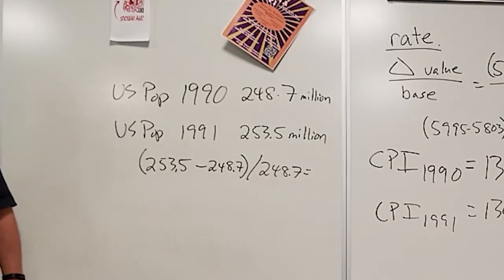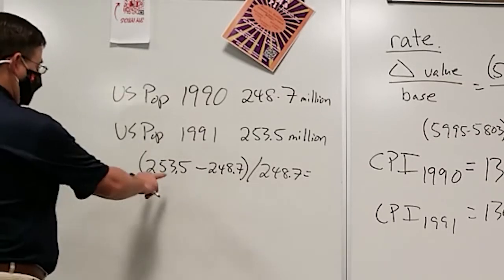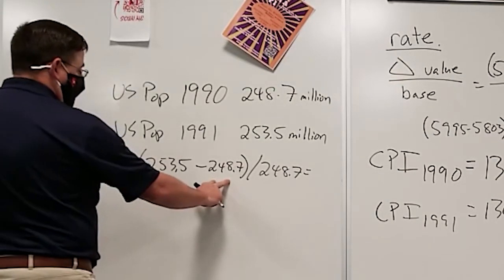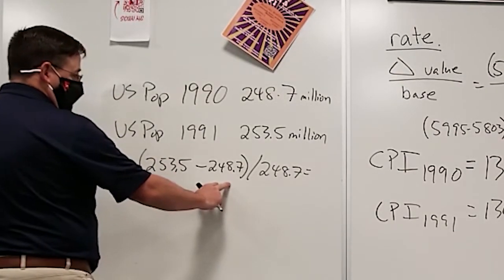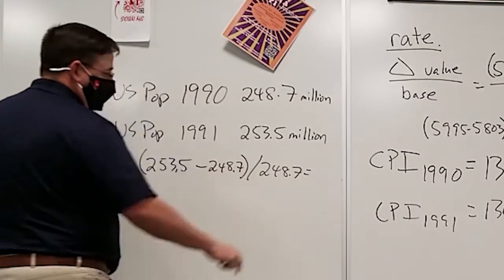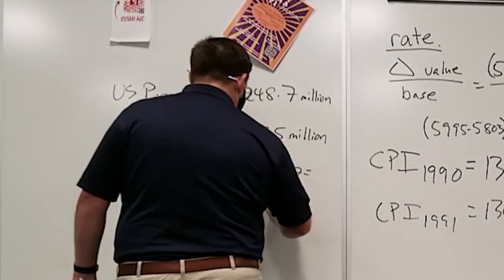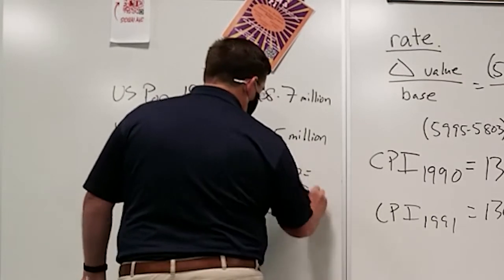Try again. So 253.5 minus 248.7, that should be a positive number, right? And then I'm going to divide that number by 248.7 and get a percent. 1.9 is what I got. Yeah, so that's 1.9%. What does that number mean?